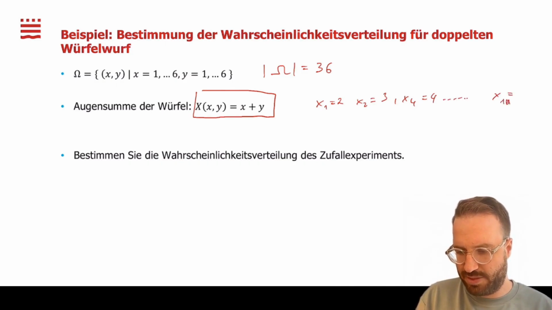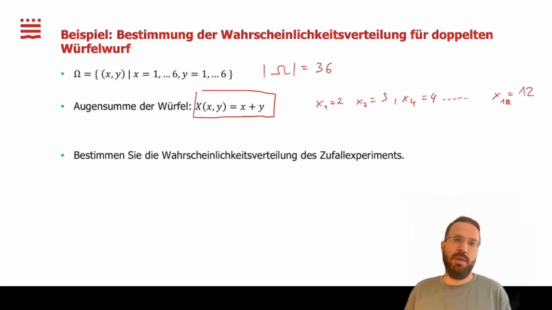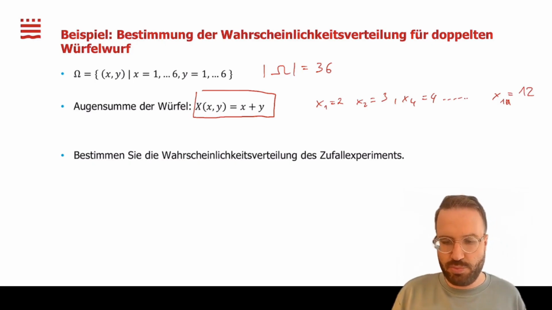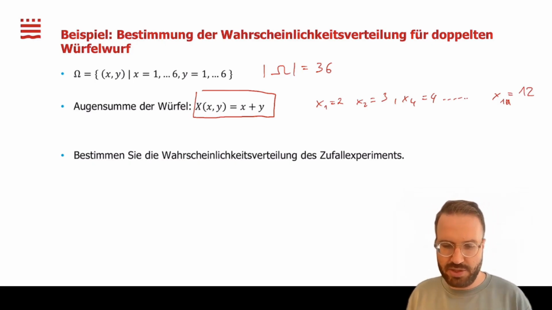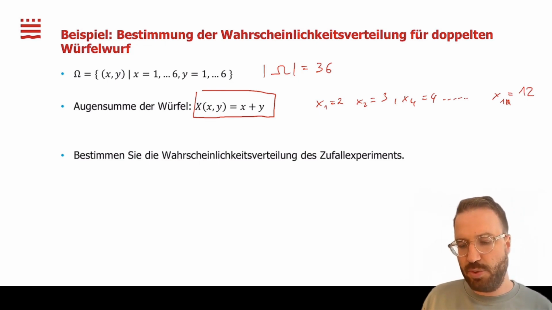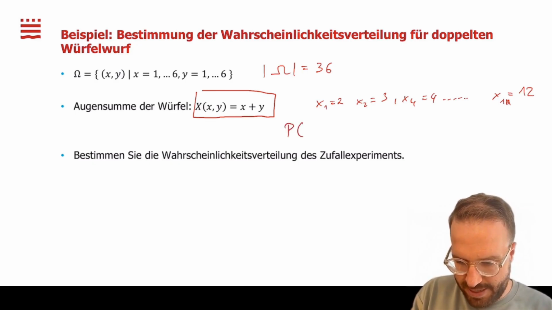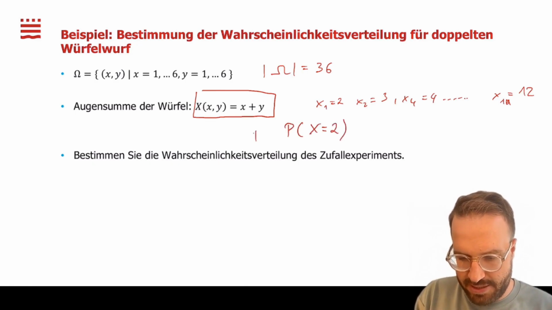So these are all possible values. There are finitely many, so it is a discrete random variable. And what we need to determine now are the pi's. So we need to consider what the probability is. Let's start briefly with the case where x equals 2. That would be our p1.